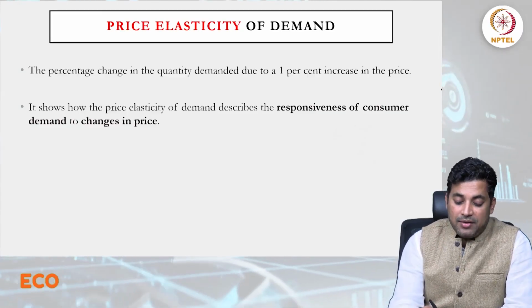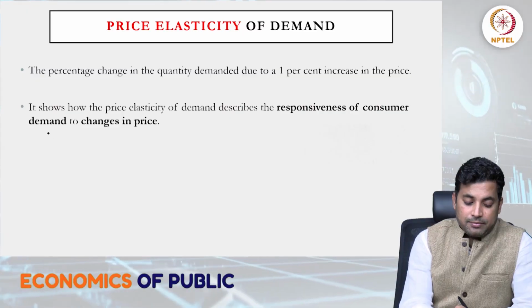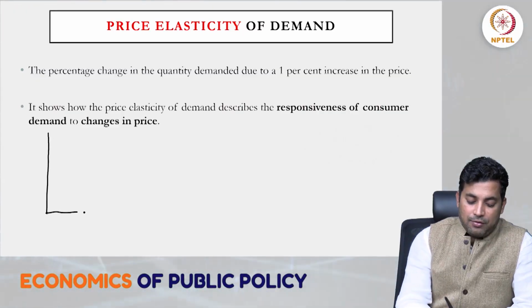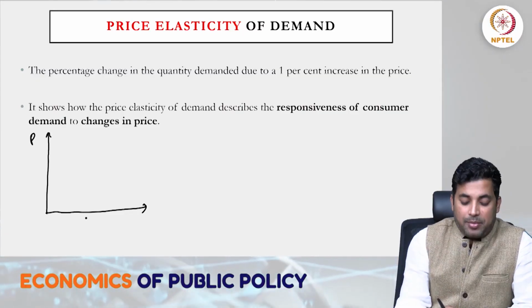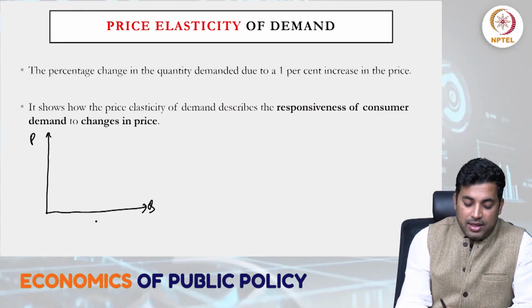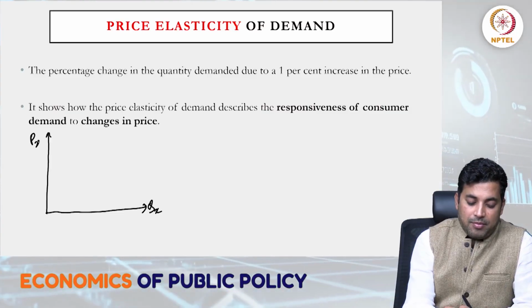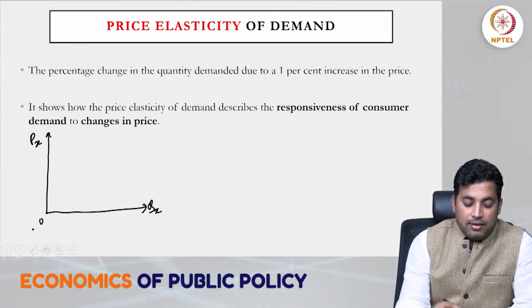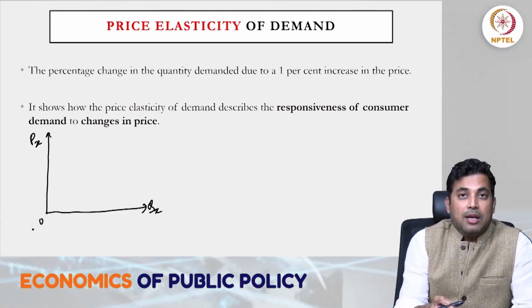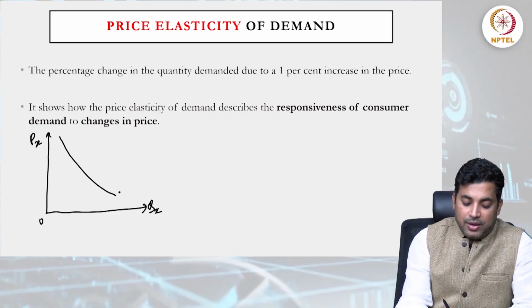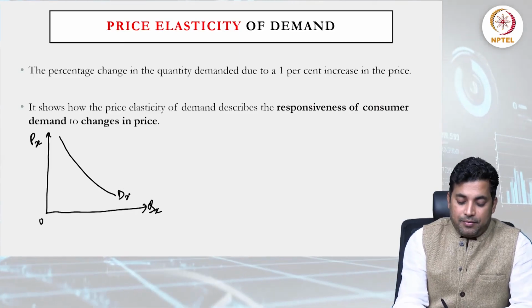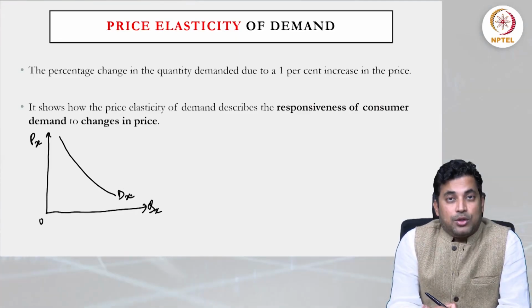Graphically, for a single commodity, say commodity X, with price PX on one axis and quantity X on the other, in a single market, the demand function as we know is downward sloping.